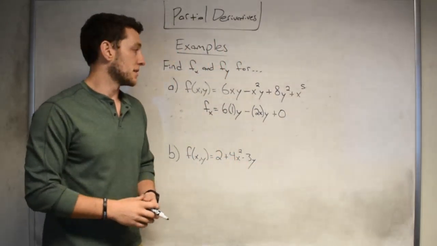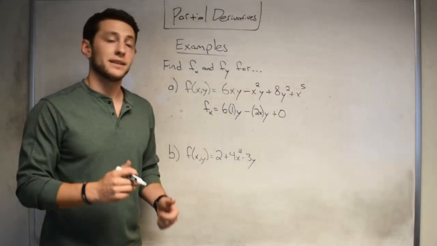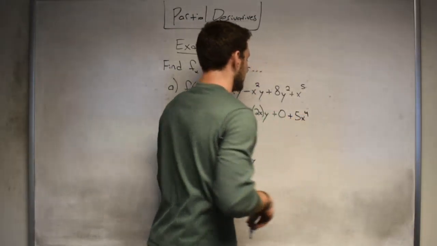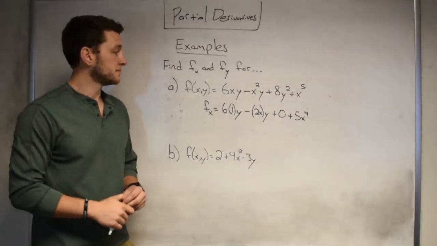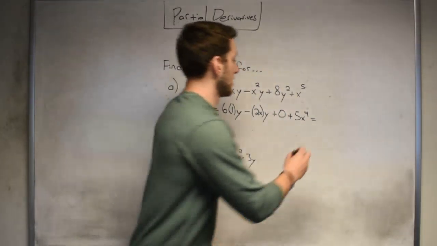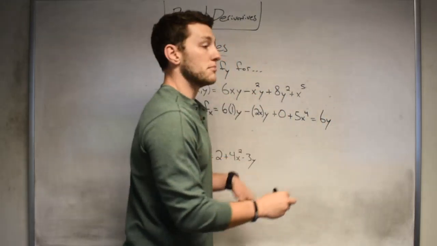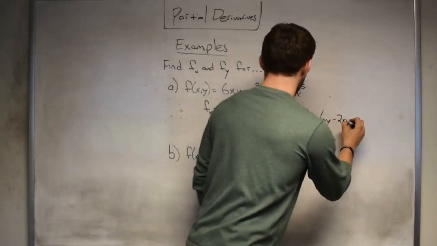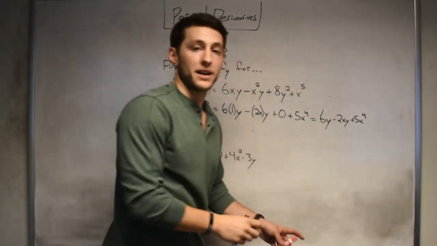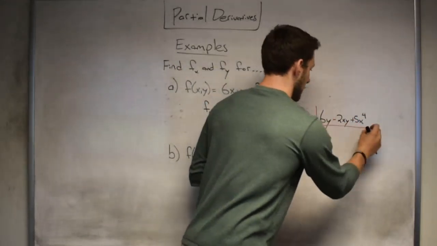There's no x attached to it. Last but not least, x to the 5th becomes 5x to the 4th, as normal. Upon simplification, this leaves me with 6y minus 2xy plus 5x to the 4th as a final answer for f sub x.